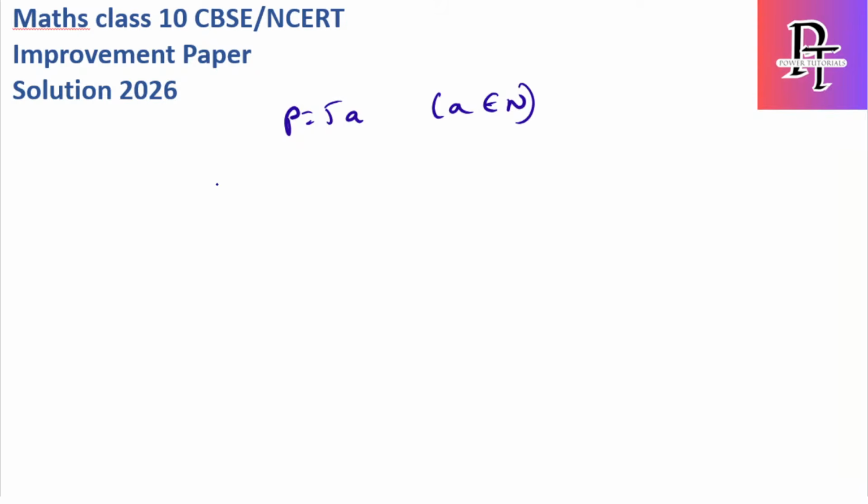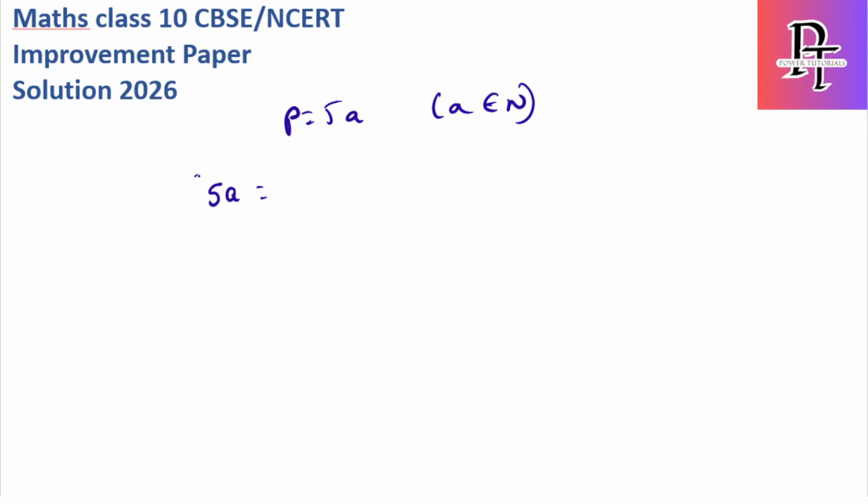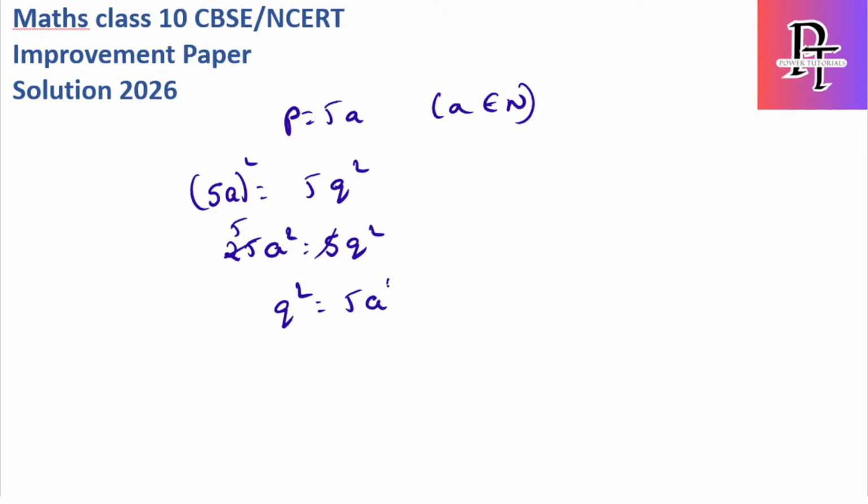Now 5a whole square is equal to 5 q square, so 25a square is equal to 5q square. The 5 and 25 get cancelled out, so I am getting q square is equal to 5a square.